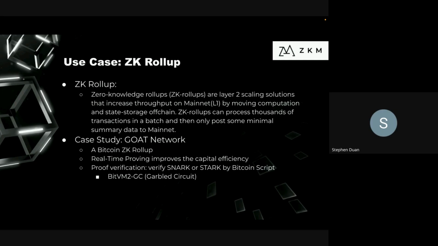By leveraging this protocol, the Bitcoin zkRollup uses BitVM2 to run the verifier of the zkVM. So this makes sure that for any off-chain computation, we can prove it by zkVM, and then we can use BitVM to verify the proof on Bitcoin.